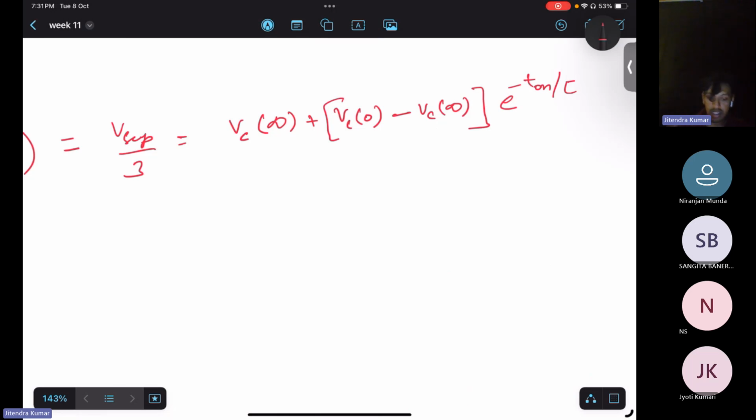So VC at infinity, how much will it be this time? During charging, we considered that at infinite instant, VC will be equal to V supply. So during discharging, what will be the VC infinity?